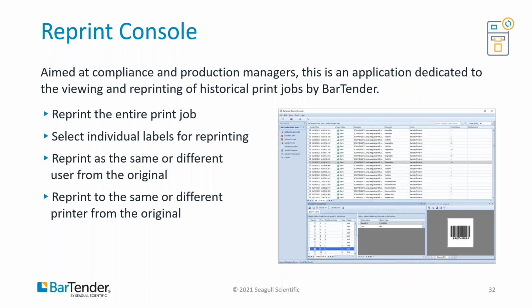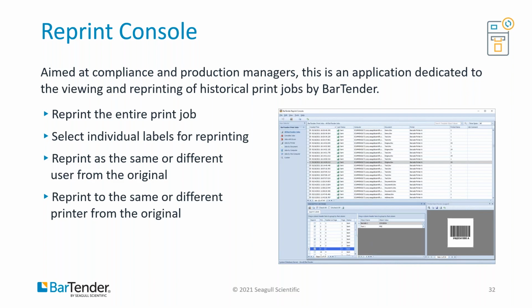And the purpose of the reprint console, as the name suggests, is for a user to select and reprint one of those historical print jobs. And when reprinting, they can either choose to reprint the entire print job, or as you can see in the screenshot, individual labels from within a print job.